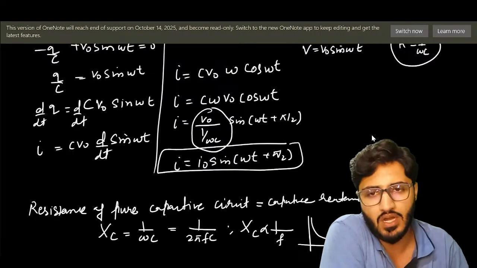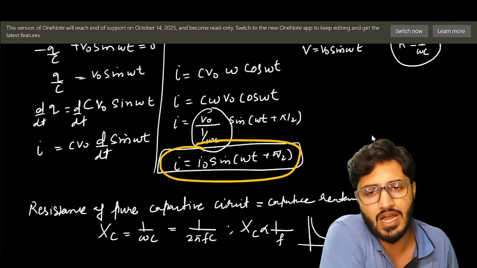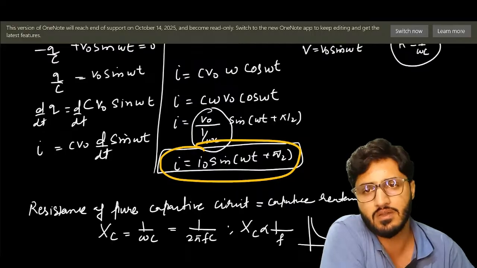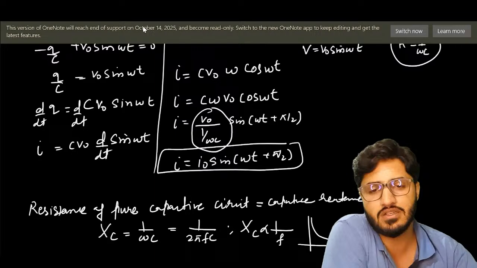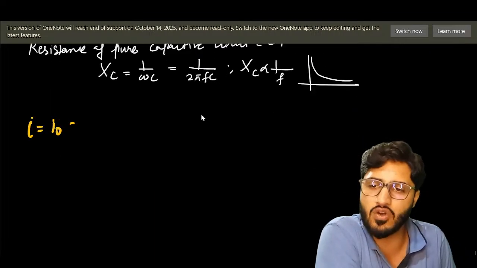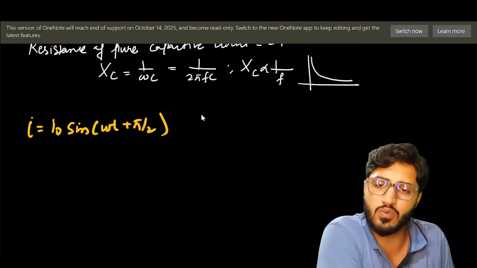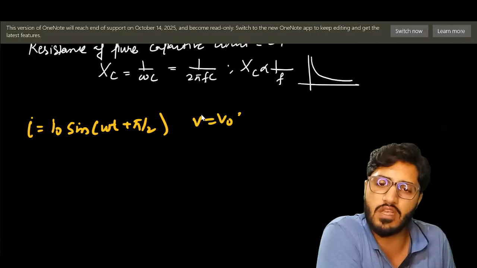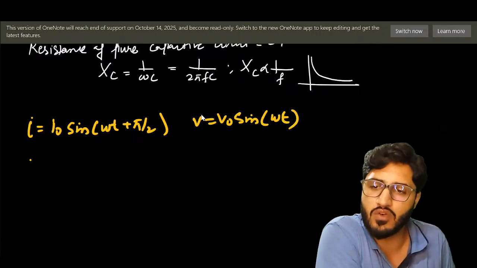Okay. Now you can see my I is in sine. I is in sine and V is in sine also. So you can see here I equals I naught sine omega t plus pi by 2, and V came out to be V naught sine omega t only. So what is the phase difference now?